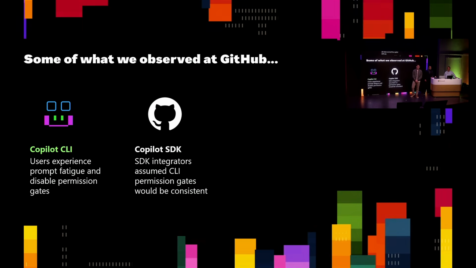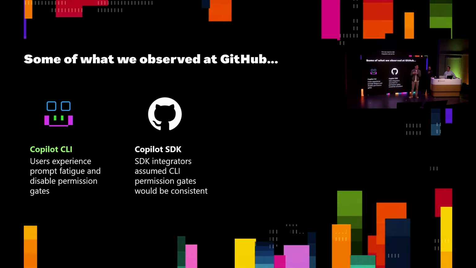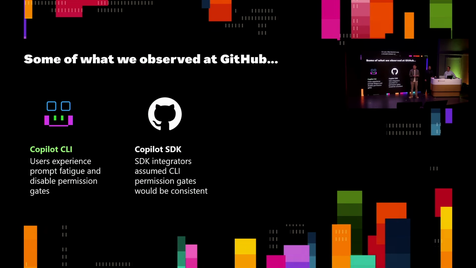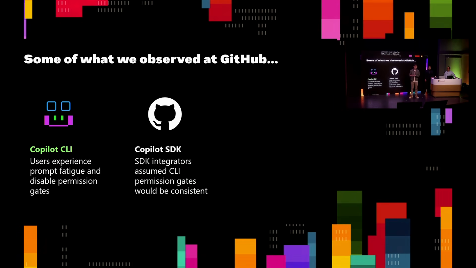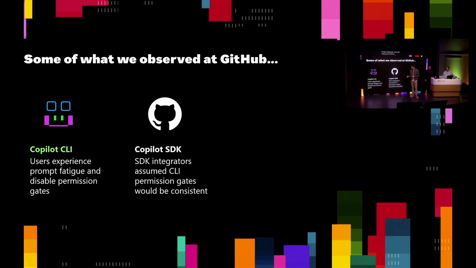What that led to was a mismatch between our permissions model inside of our SDK and the one in our CLI. Certain integrators expected our SDK to be fully configurable, come with nothing out of the box already set. All the CLI users expected it to protect their current working directory and other artifacts on their system.